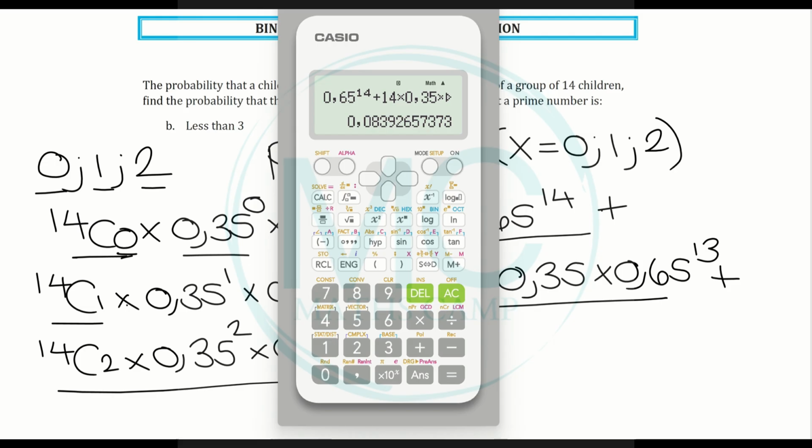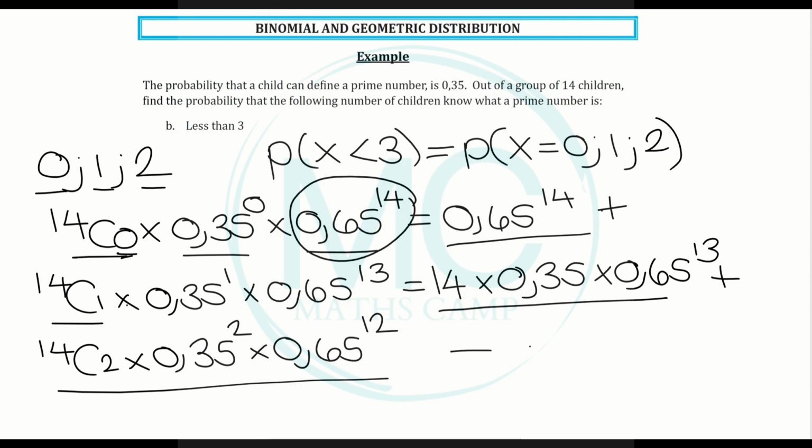Round off to 3 significant figures. And as my answer, I have 0.0839.